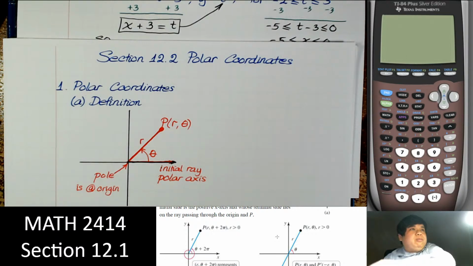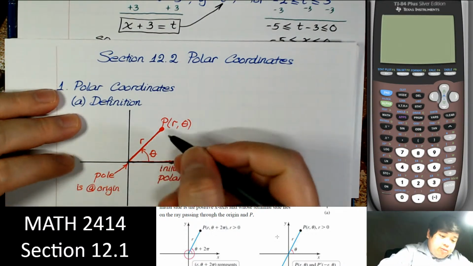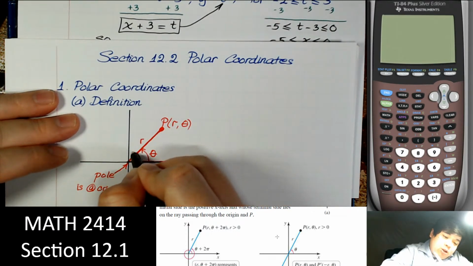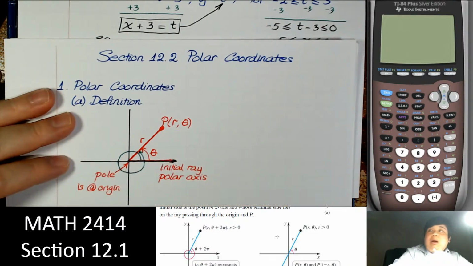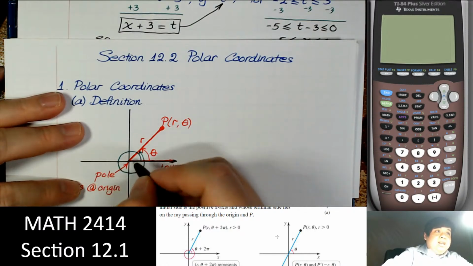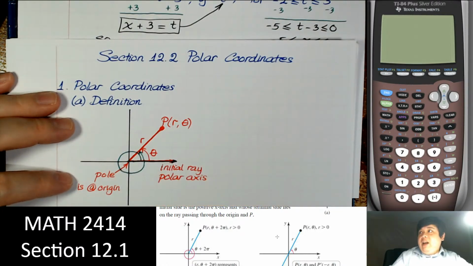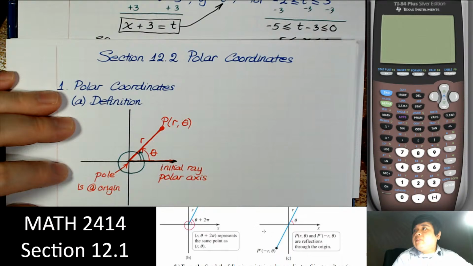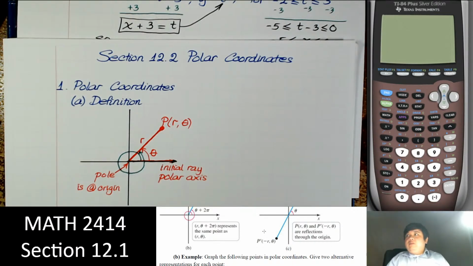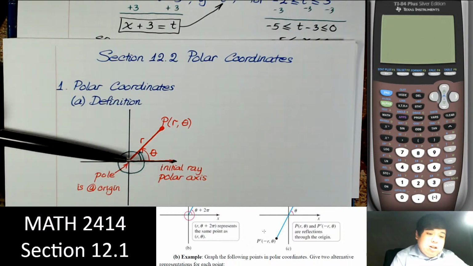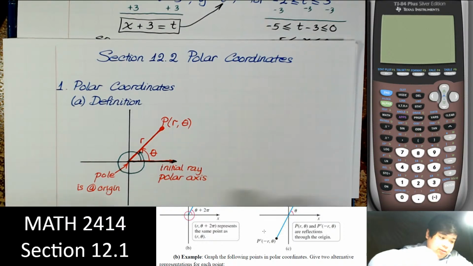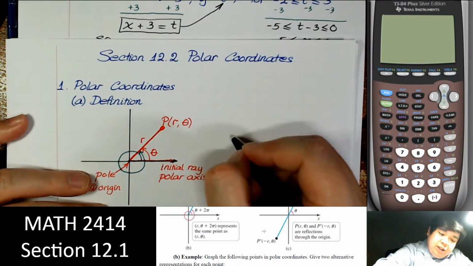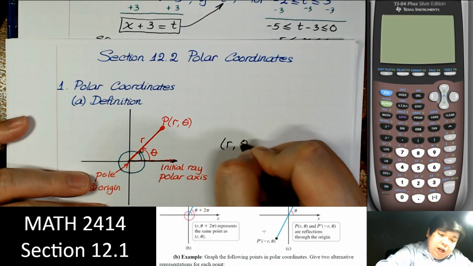Now, the problem with this is when we have an angle, we can always go an extra revolution and maybe a few more, or we could go back the other way around and have negative. Right? So we have the same representation of the point. Let's just say theta plus 2 pi.